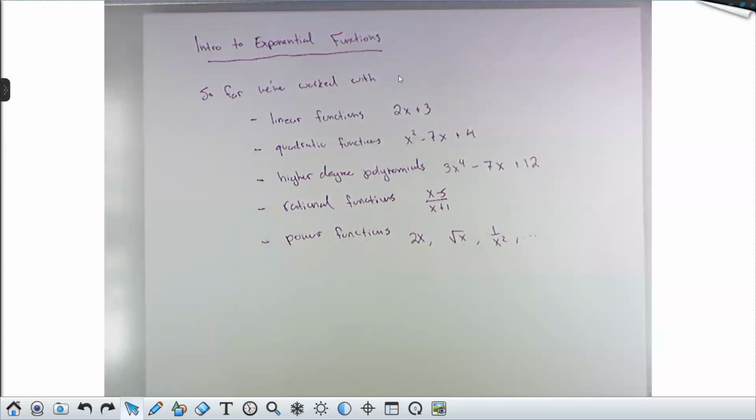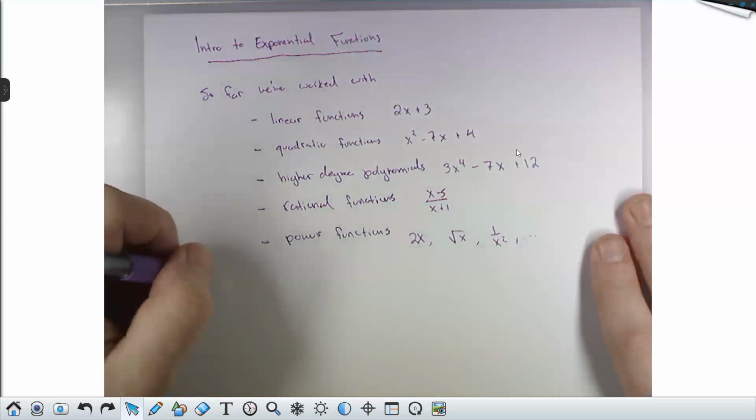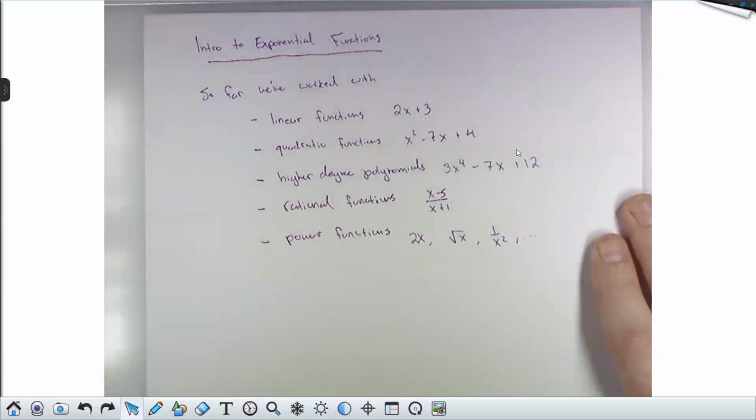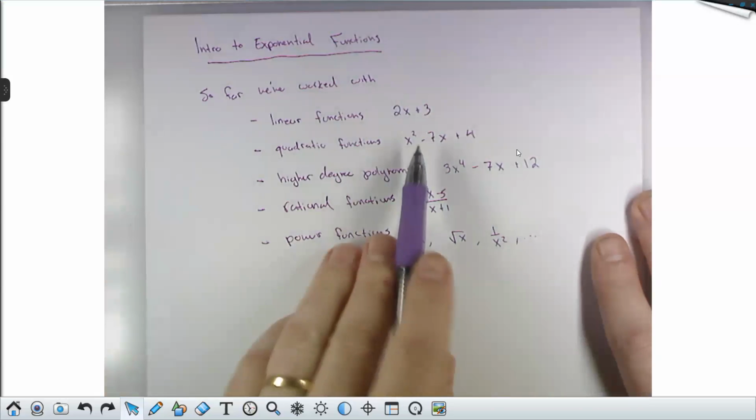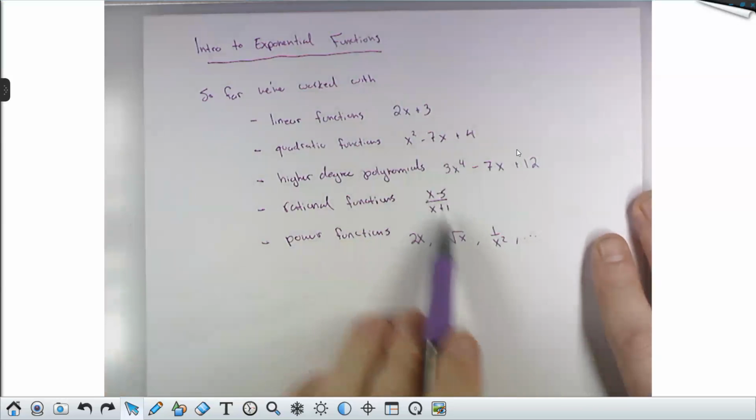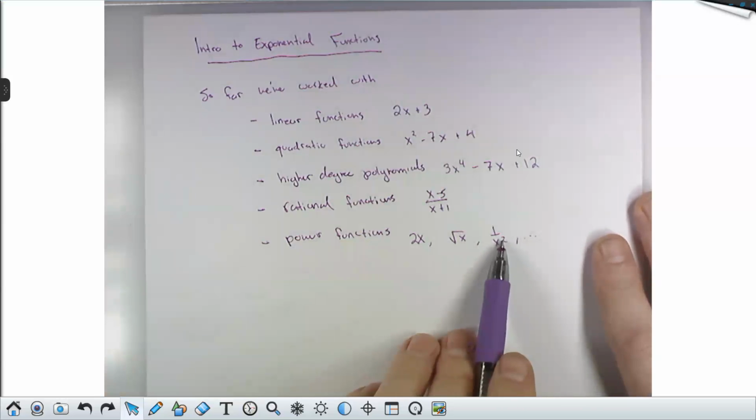And you'd be forgiven for thinking that all of these families together are getting pretty close to all the possible functions. If you're allowed to do any sort of polynomial or rational function or power function, you might think that this is pretty much everything, but we're missing two hugely important families of functions. What do you notice? Everywhere there is an exponent here, the exponent is constant.